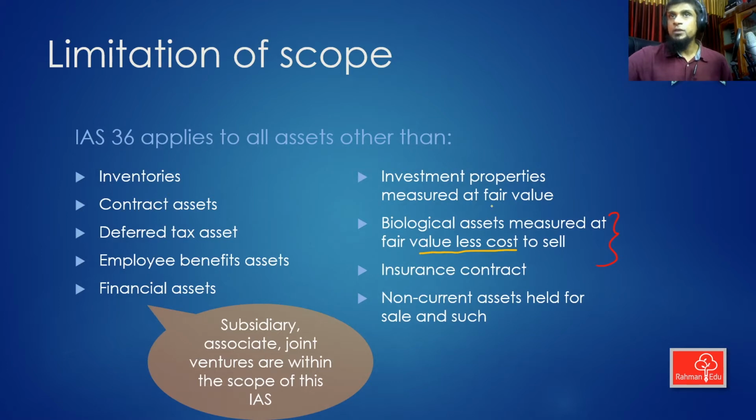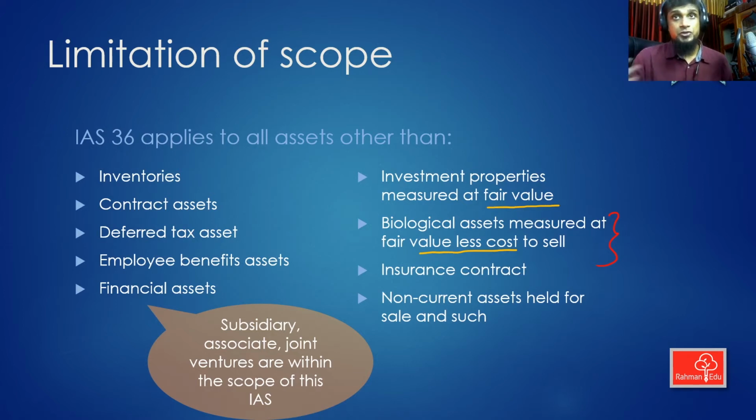Similarly, if we talk about investment property, some of the investment properties are measured following the cost model of IAS 16. Those investment properties will still be subject to impairment testing IAS 36. Some biological assets are measured similar to IAS 16, and those biological assets will still be subject to IAS 36 impairment testing. Remember that.